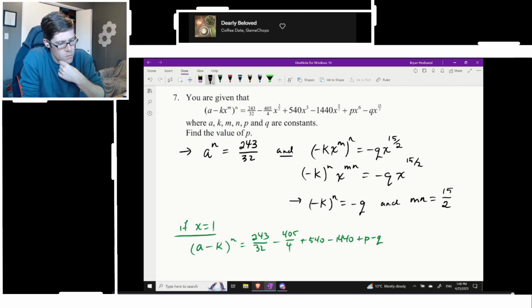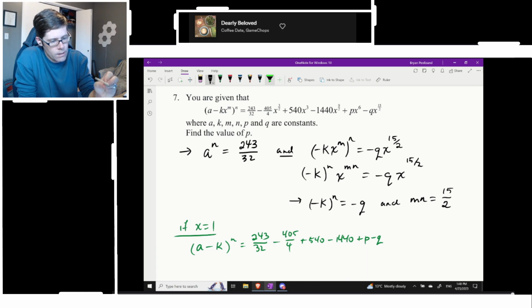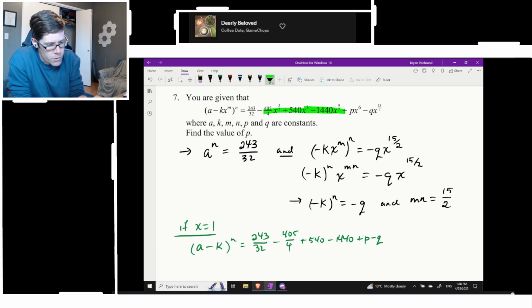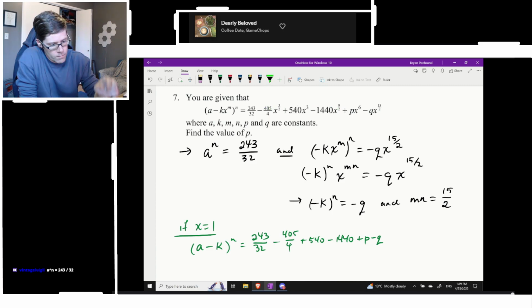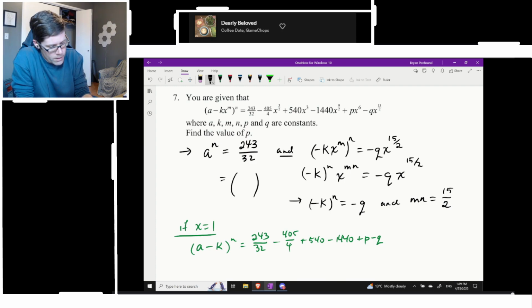Is there an easy way that we can... I mean, we have some of these middle terms, right? Is it possible to rewrite this as something to the power?